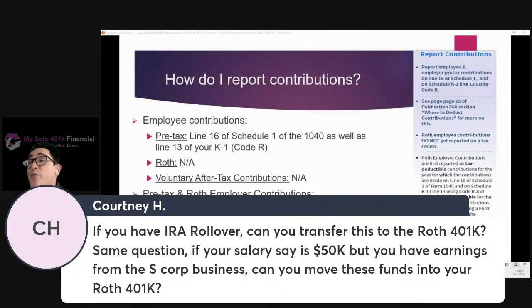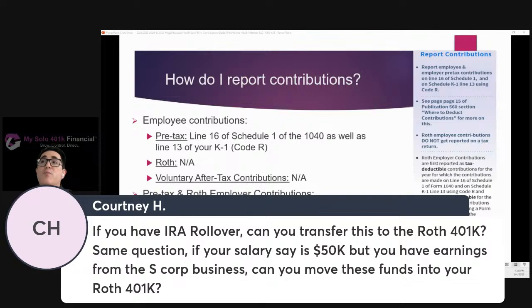But if one has pre-tax money in an IRA, then it most certainly can be transferred to the solo 401k. It would have to go into the pre-tax account. And then once the money's in that pre-tax solo 401k account, the individual could do an in-plan conversion where they move over money from the pre-tax solo 401k to the Roth solo 401k.